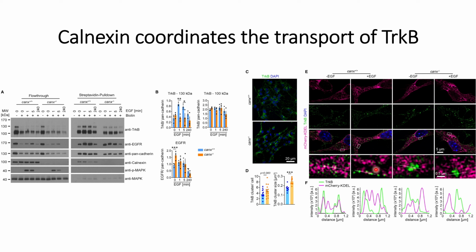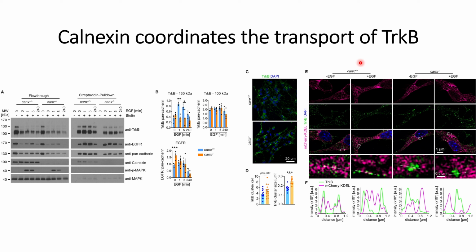When they quantify these images, TrkB and mCherry-KDEL overlap when calnexins are present. However, they are not overlapping when calnexin is absent, which indicates that lump formation occurs, and they attribute this to the defect in the quality control of the endoplasmic reticulum because of the absence of calnexin.